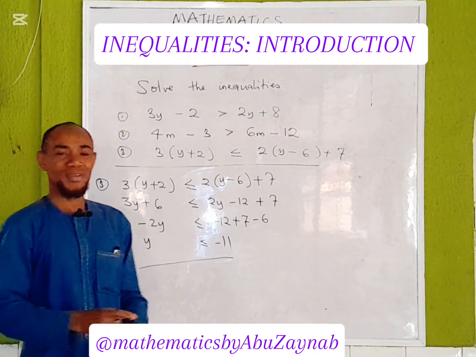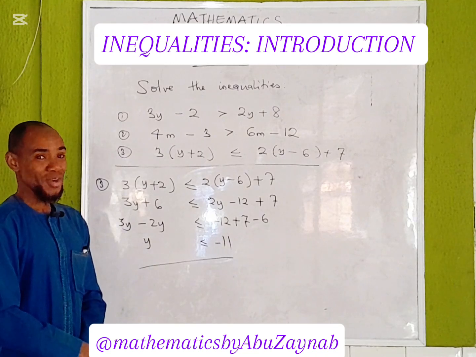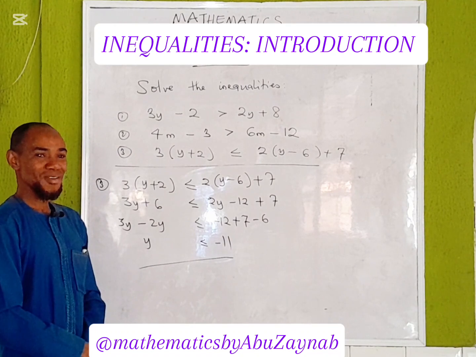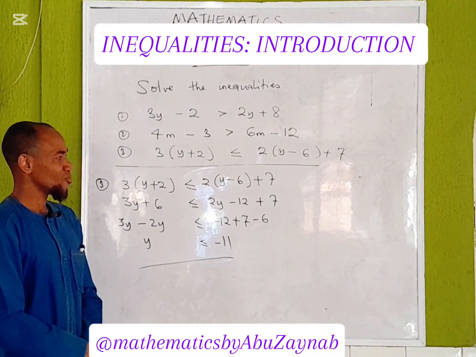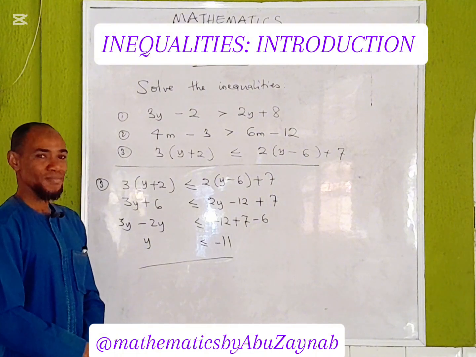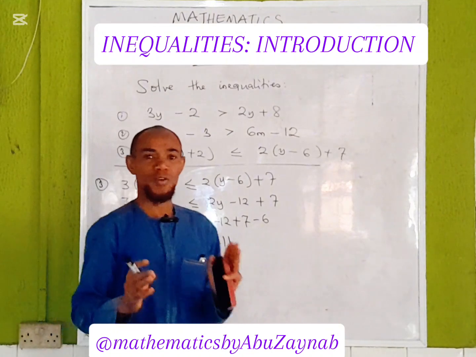I believe you found this quite interesting and straightforward enough for you, which is the first of a series of lessons we're going to have on inequalities. If you have any issue whatsoever, please do well to revise by pausing and rewinding. Take note again, inequality is about 2 quantities not being equal.